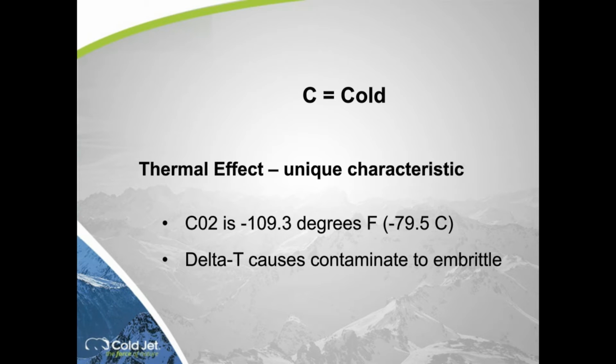It is also very cold. There is a thermal effect to this. Dry ice, as we talked about before, for us in Fahrenheit, is minus 109 degrees. It's the coefficient of thermal expansion and contraction of dissimilar materials. The contaminant is not the same as the tool steel or the mold base, the H13, the P20, whatever the mold's made out of.